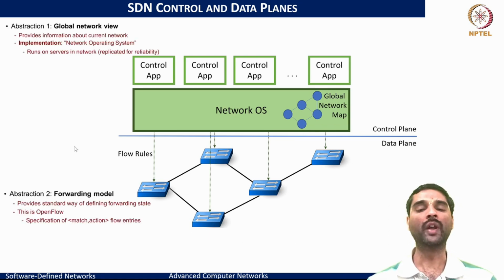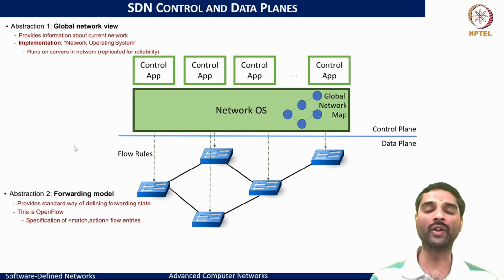At the bottom, we have the barebone switches, where a control agent would be able to run and establish the forwarding model of providing simple match action patterns to be run on these data plane elements. So in essence, the network elements like routers and switches now truly begin to behave as data plane elements while the control is taken out.